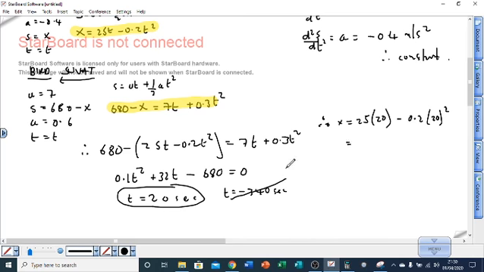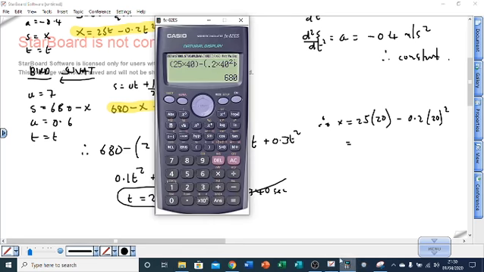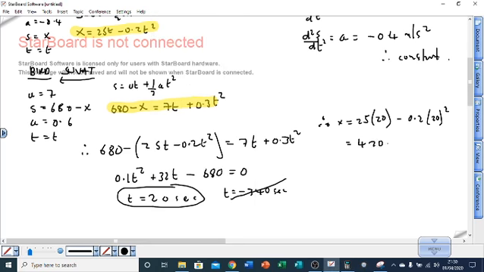Working that out on the calculator: brackets 25 times 20, close brackets, minus brackets 0.2 times 400, equals, so it's 420 meters from A, and that is how to do the question.